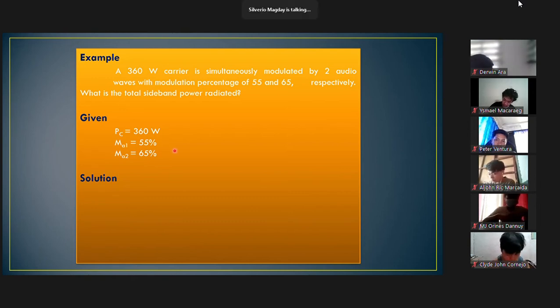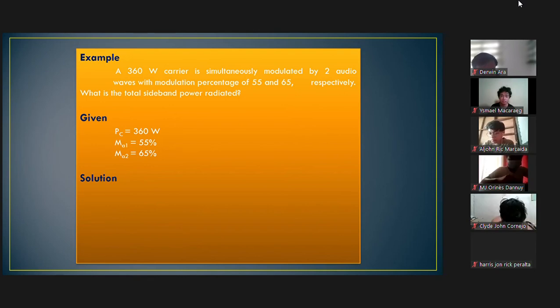So M squared for PC. Sagot din naman yung mga EE dyan. Kaya ba mga EE? Mayroon pa rin naman kayong principle of comms, di ba? Mayroon pa rin kayong elective wherein you had principles of communications.